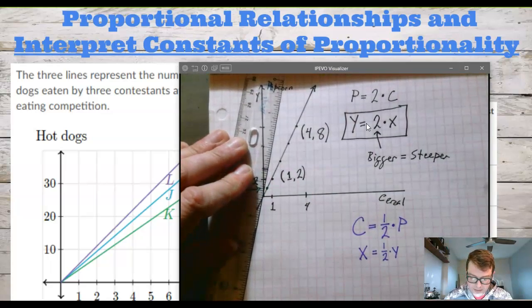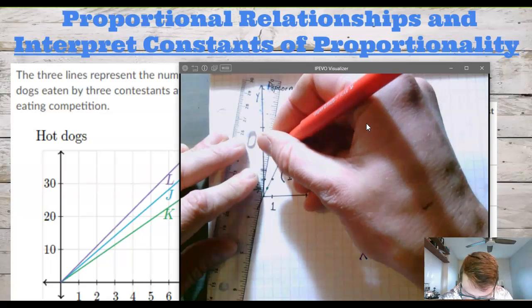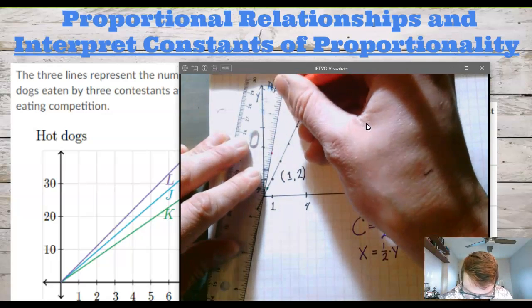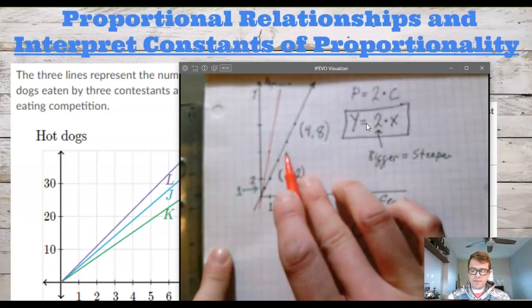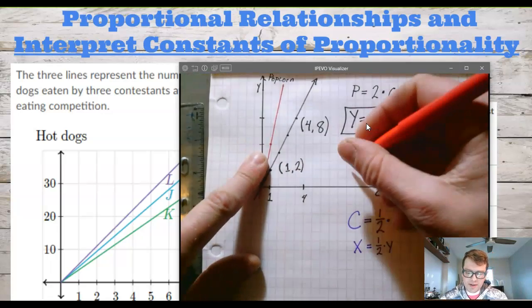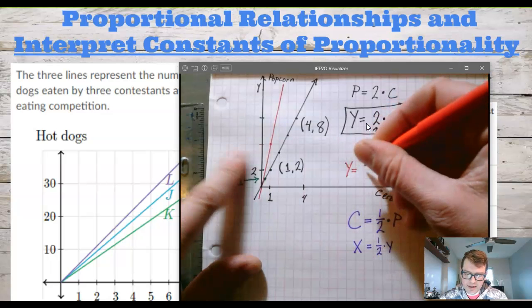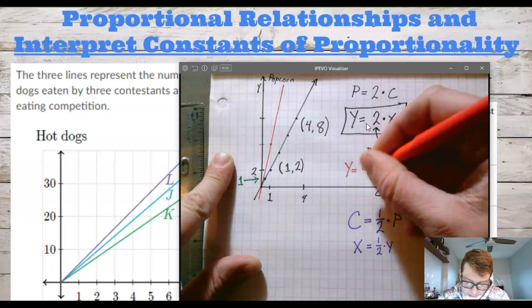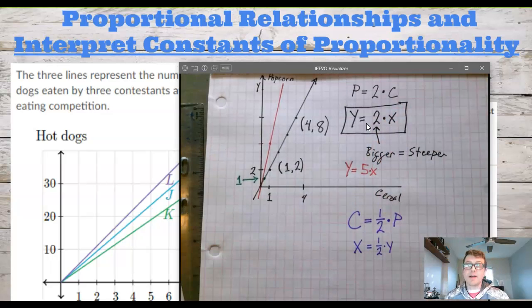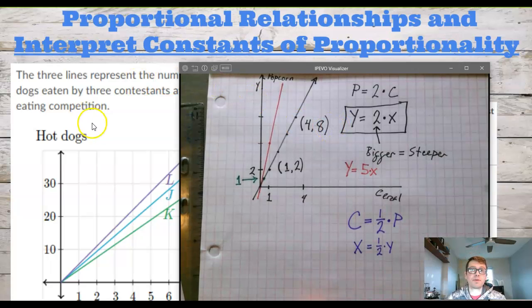So actually I should draw that in red. That line would use twice as much popcorn as the black line. So this red line would actually be y equals, more than twice as much. That's y equals 5x. And this is where we're going to pick things up, really more so next week when we're back in person, and we can graph lines together in person on graph paper using rulers.